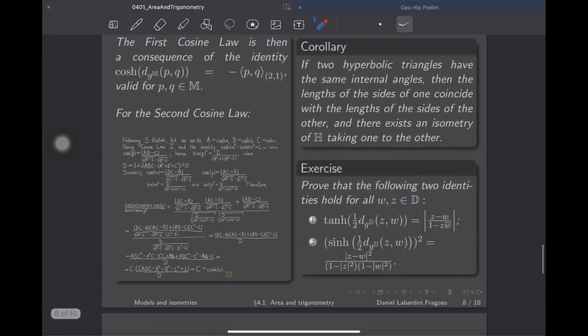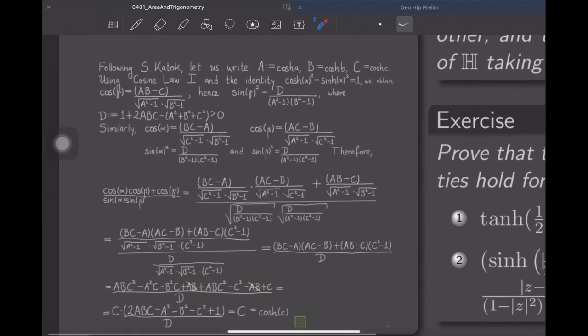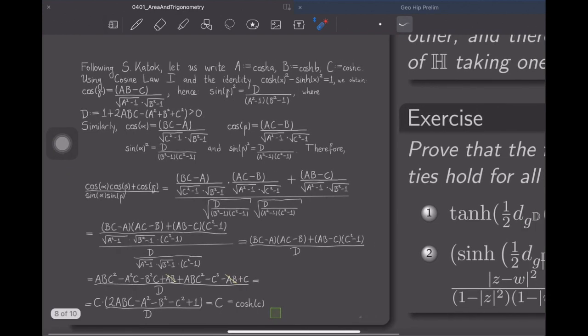Now for the second cosine law, I couldn't find a more direct or conceptual proof. So it's a lot of brute force computations, using already the first cosine law and using our hyperbolic identity, the basic identity between hyperbolic sine and cosine.